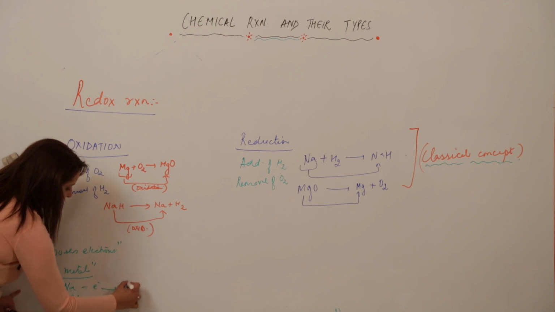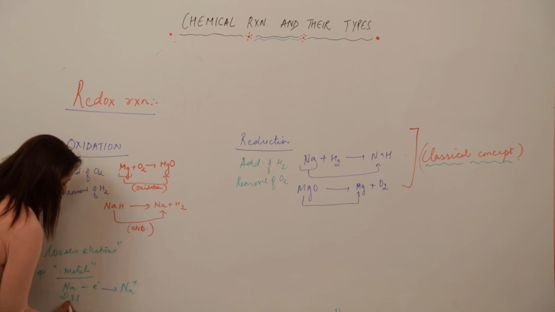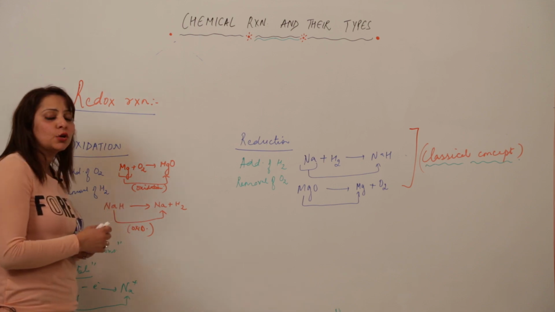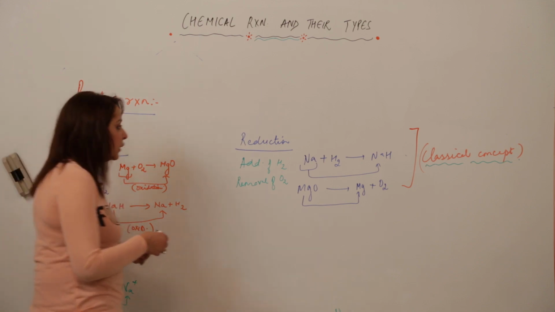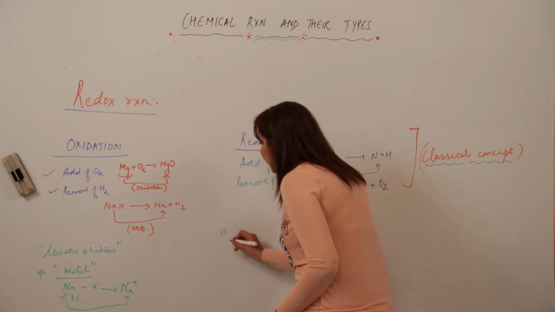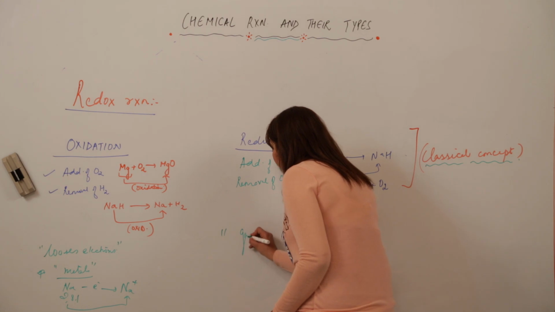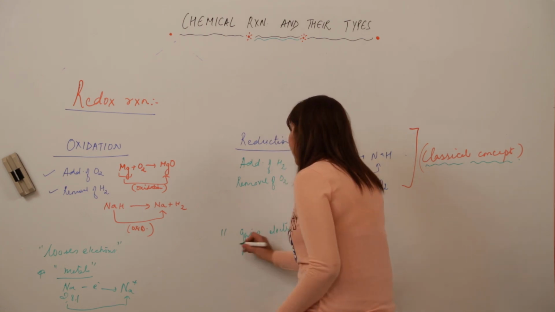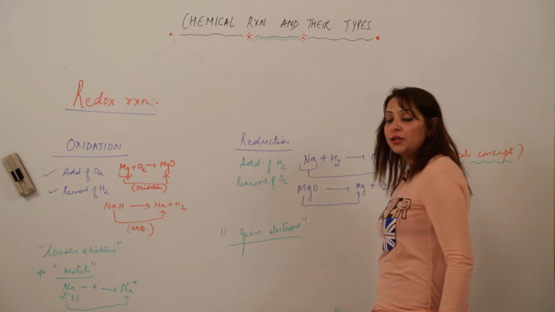To attain stability, it will lose an electron. So we say this sodium has lost one electron, so it is getting oxidized. Similarly, for reduction on the basis of the electronic concept, any element which gains or accepts electrons is said to be reduced.